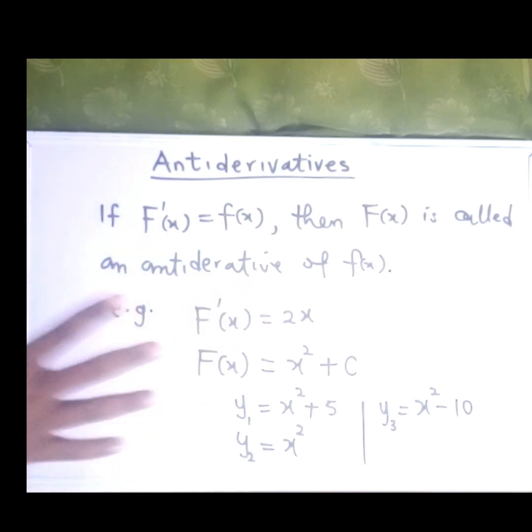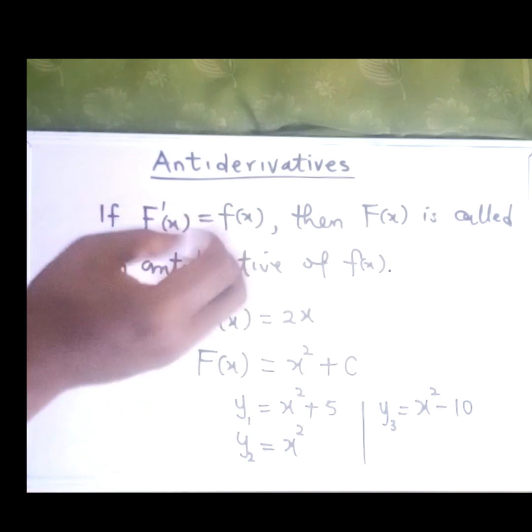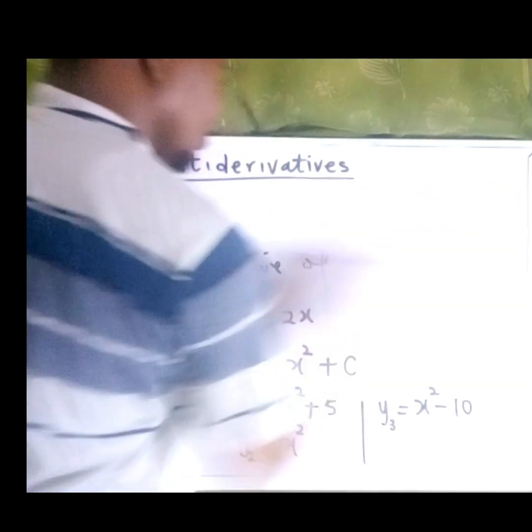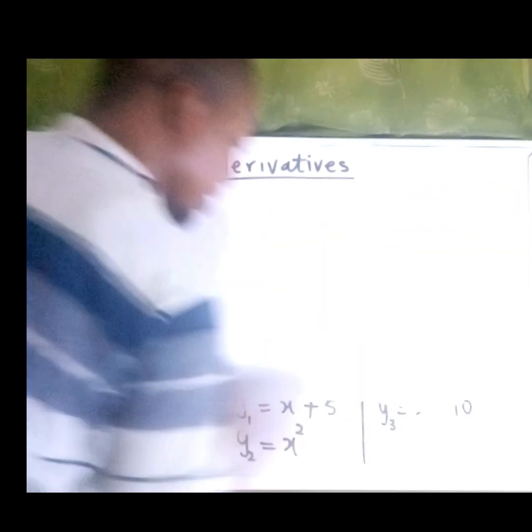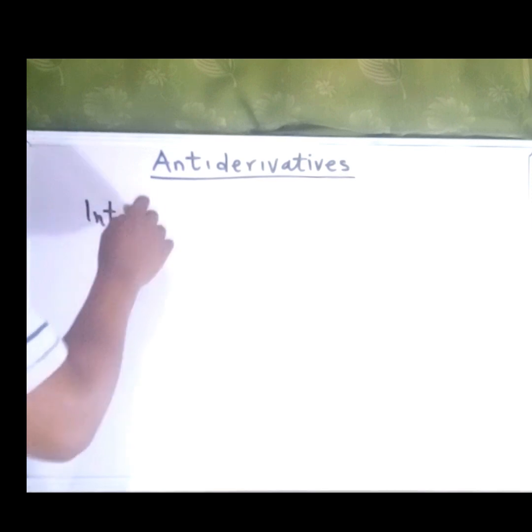So having said that, we have seen how an antiderivative comes from a derivative of a function. So now what is this antiderivative? We have said that this antiderivative is something which we can derive from a process called integration. Integration is the art of calculating integrals, and majorly they are divided into two.